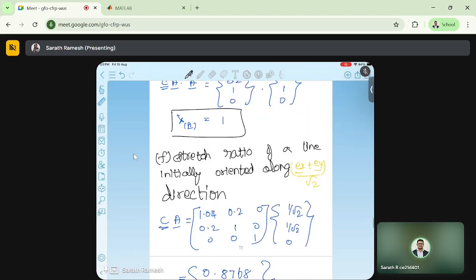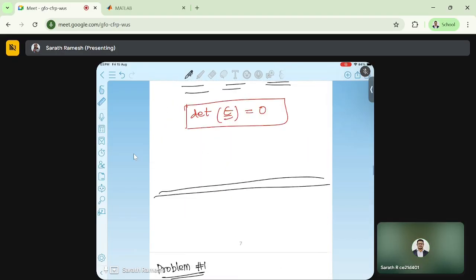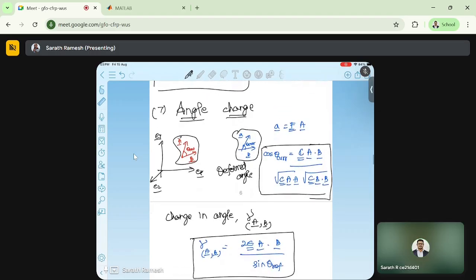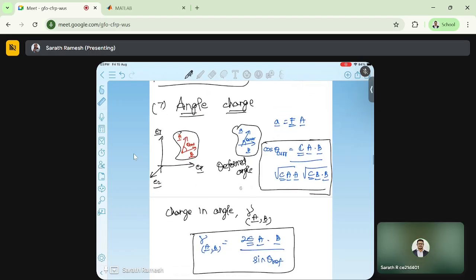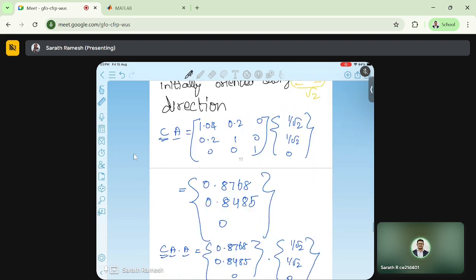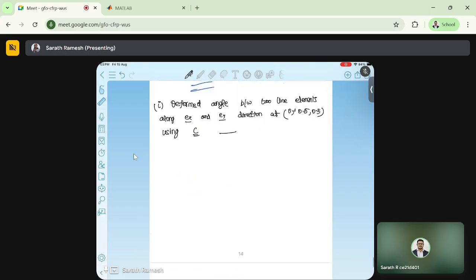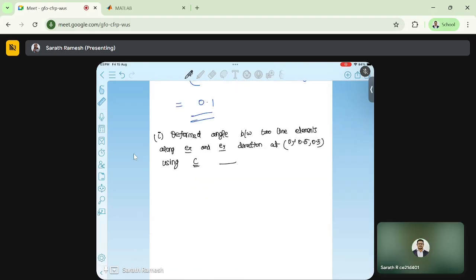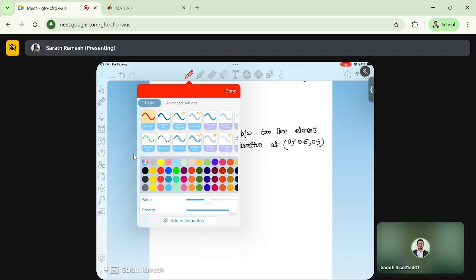So again we have the formula. The formula for deformed angle is CA dotted with B divided by root of CA dotted with A times root of CB dotted with B. Let's use that. So let's write the formula first.